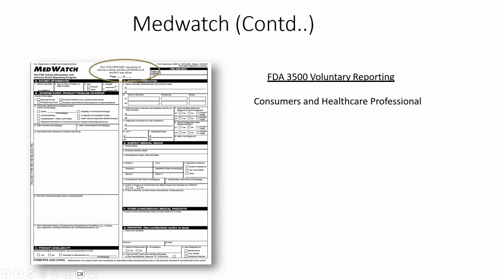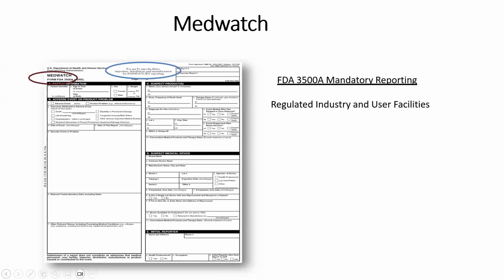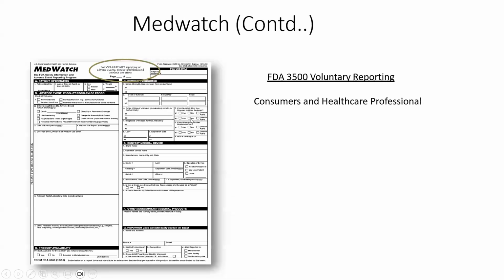So there are certain basic differences, not many, and all the information related to these two forms is almost similar. Only a few of the sections are more in this mandatory form, and those are not here.